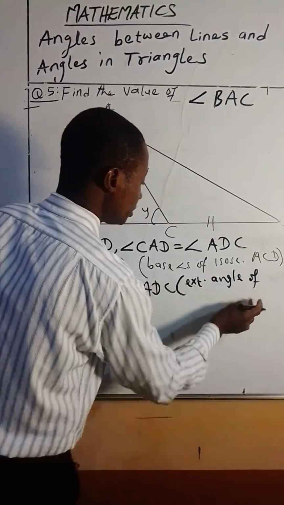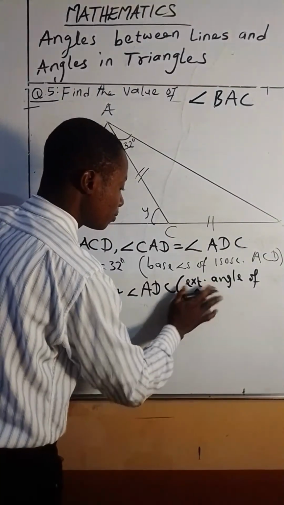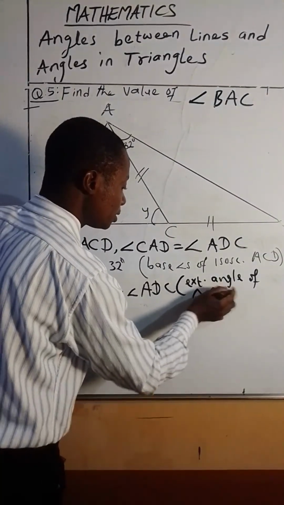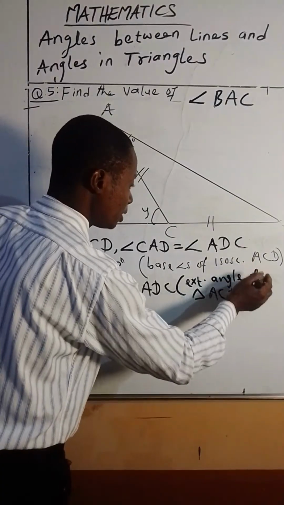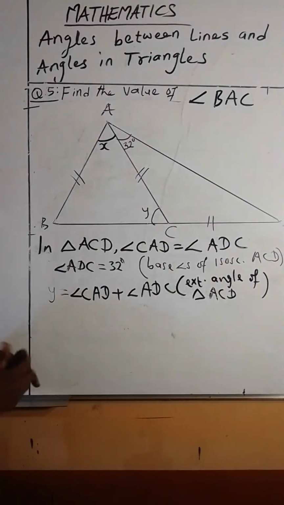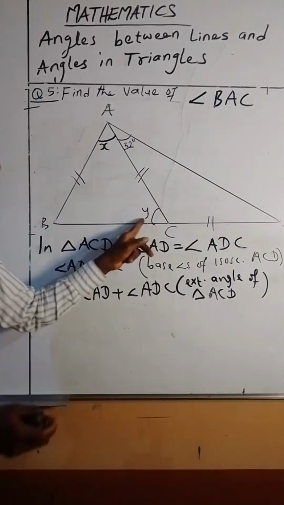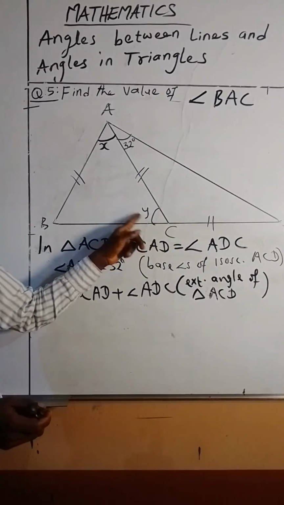Please permit me to write it here. So that's what we have here. These two will add up to give Y, because Y is the exterior angle of this.